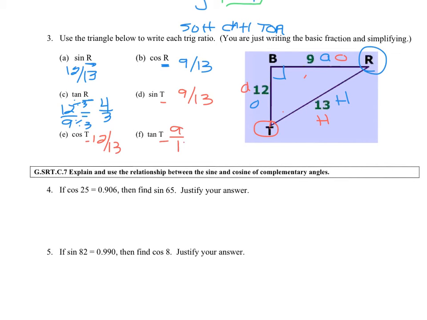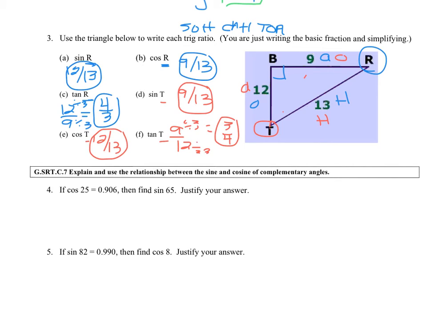This one can be reduced or simplified, so I'm going to divide by 3 on both the top and the bottom. And I'm getting 3/4 as my final answer. And we're done. So I'll just circle the answers so you know how we ended.